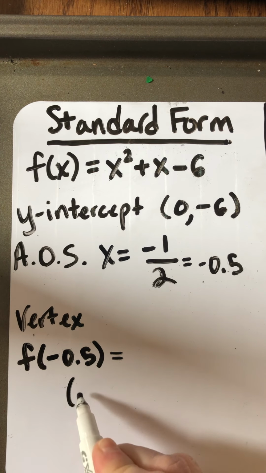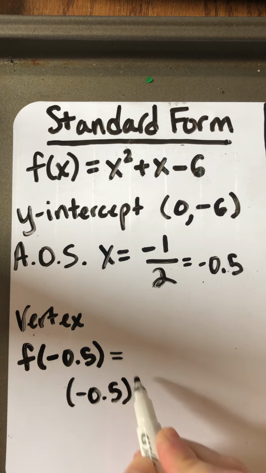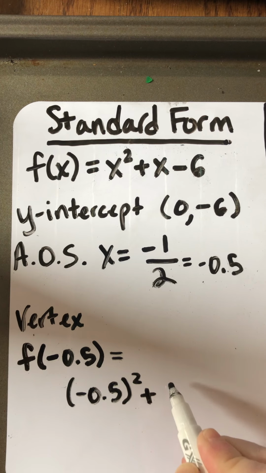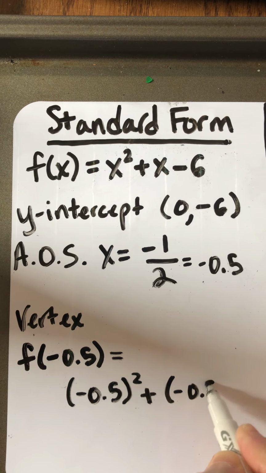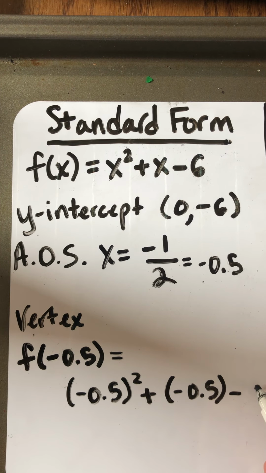So I'm going to take -0.5 squared plus -0.5 minus 6. Now you can complete this calculation using your order of operations and simplify.